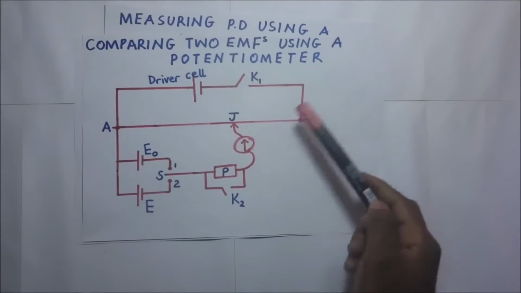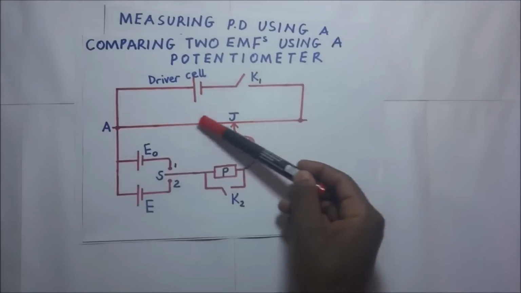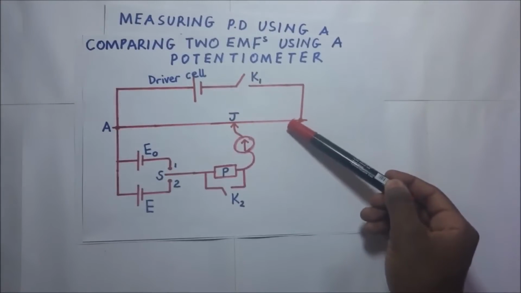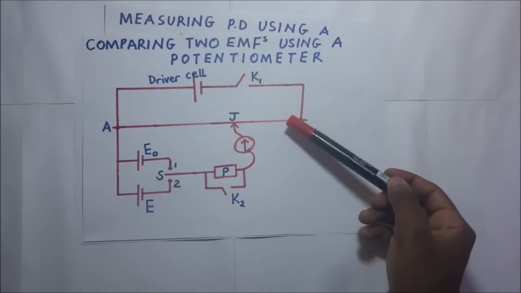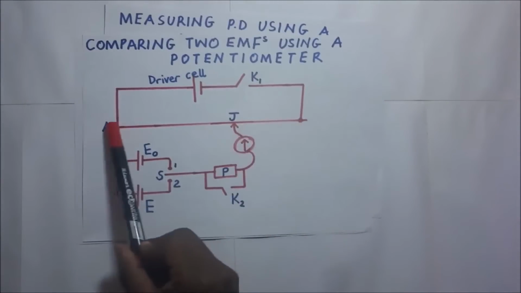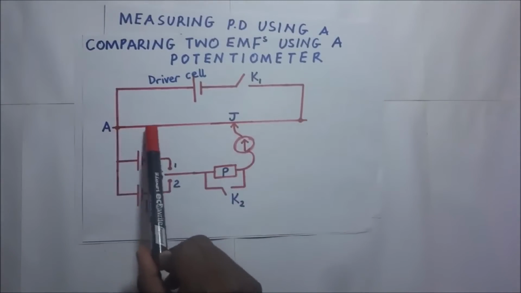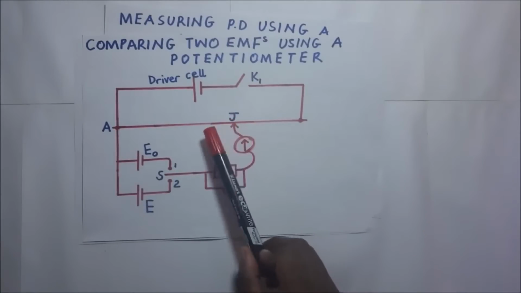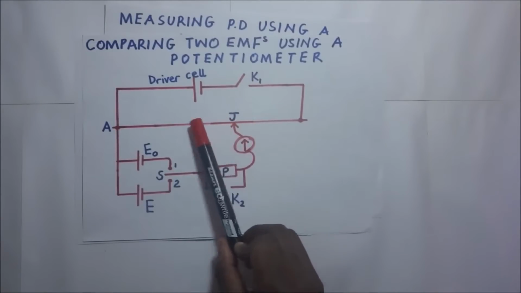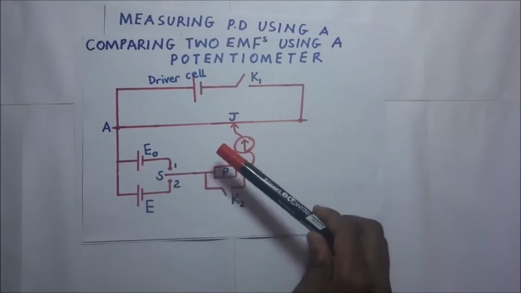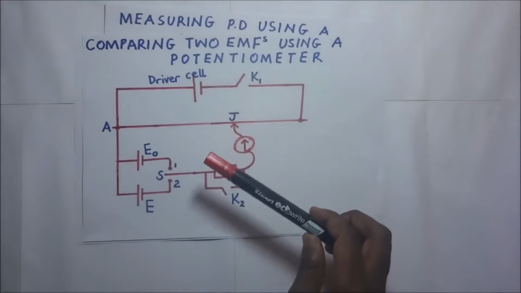It is important that this wire has a constant cross-sectional area all through to be able to get accurate results. If you keep sliding this jockey while it's in contact with this wire, it will scrape off some portions of this wire, and as a result, that will distort the uniformity of this slide wire. And when the uniformity of the slide wire is distorted, it means that the results you'll be getting won't be accurate.